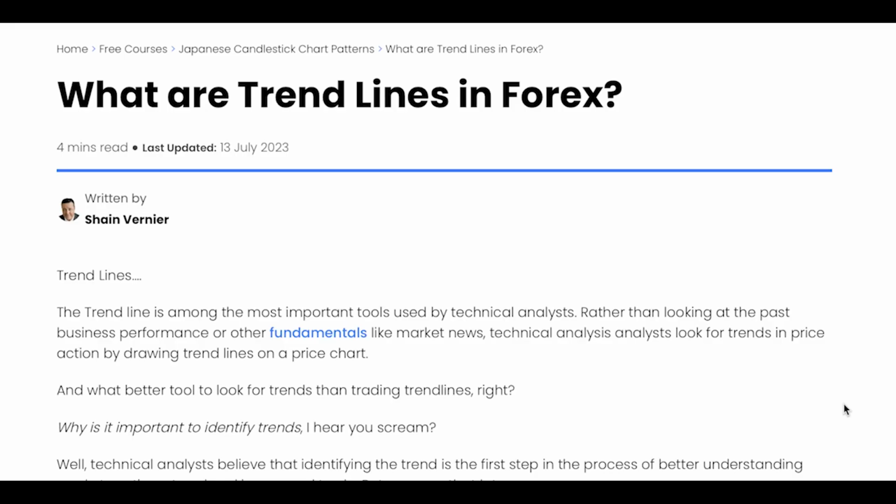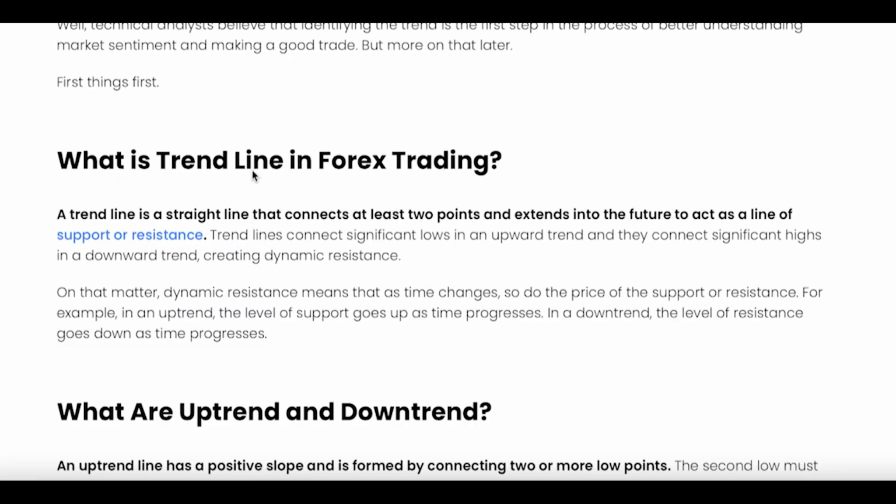Now let's look at what a trend line is. In forex trading, a trend line is a straight line that connects at least 2 points and extends into the future to act as a line of support and resistance. Let me stress that again.